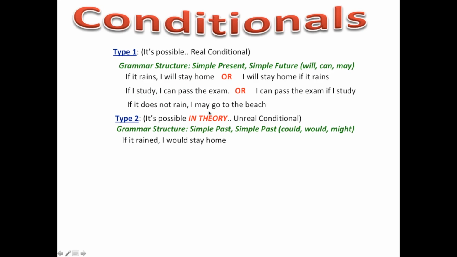The first one: if it rained, I would stay home. Notice it is almost the same sentence, but this one is real and this one is unreal. So we go from the present to the past, and from the future to the future in the past.